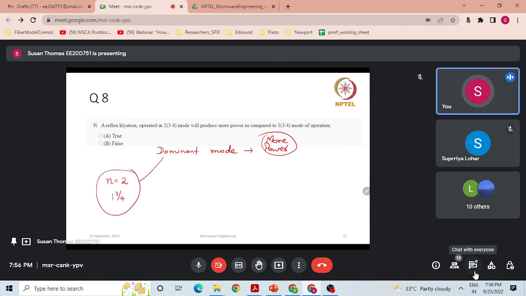This is the dominant mode, and this will have more power. So you can go back and look in detail at the explanation of this. This 1 3/4 mode will have more power because that's the dominant mode. So this is a false statement.